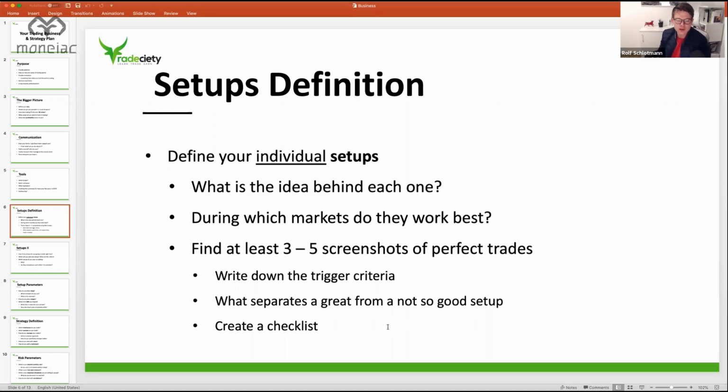And also define it. I really underline individual setups, because in the beginning you should be clear about what are really the setups that you trade. I understand that in the course I have many different patterns, but if you have some issues with consistency, then I would really recommend, as we did with Michael, for example, to pick one setup in the beginning, try to really master it, and it will also force you to really think about it.